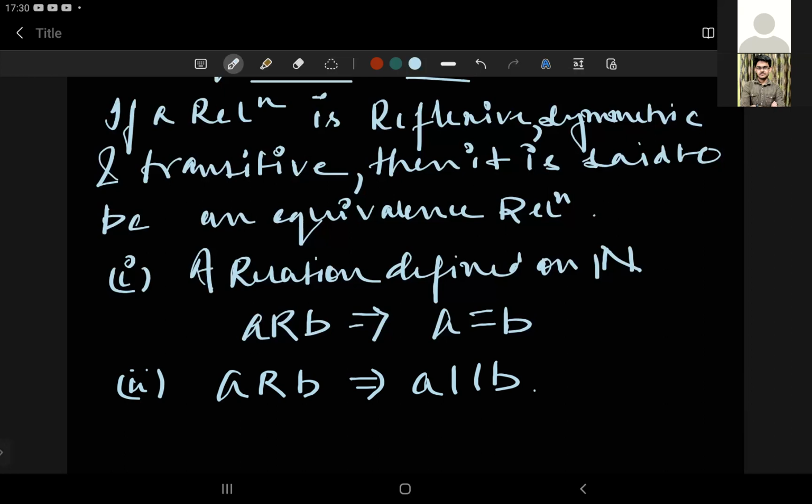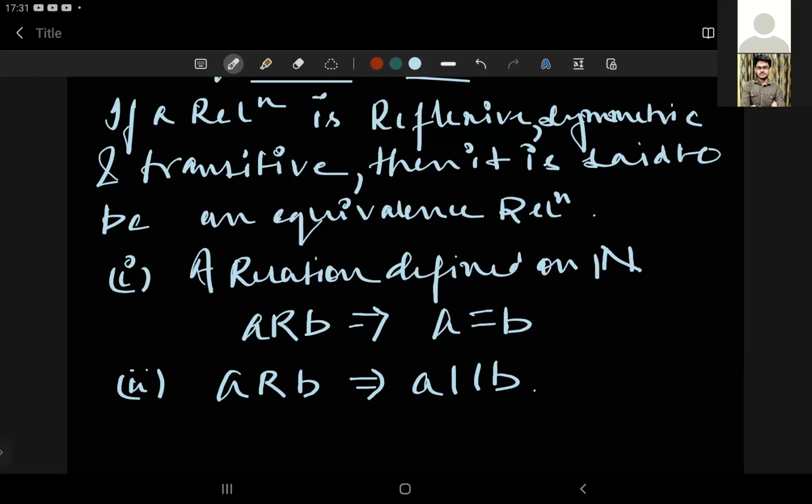Can you explain this to everyone? Yes, sir. First of all, it would be symmetric, because if A is parallel to B, then B will also be parallel to A. So both A comma B and B comma A will exist in R. Then it would be transitive, because if A is parallel to B and B is parallel to C, then for sure A will also be parallel to C. And it would be reflexive, because A will always be parallel to A. Obviously, if a line A exists, it is always parallel to itself, so A comma A will also exist in the set.